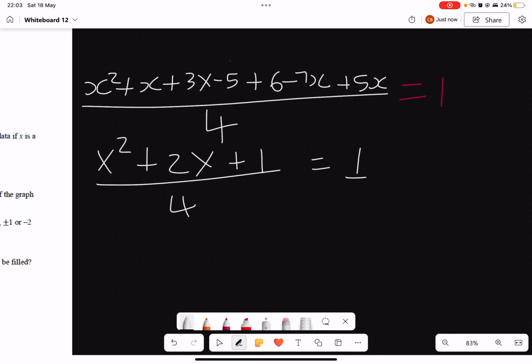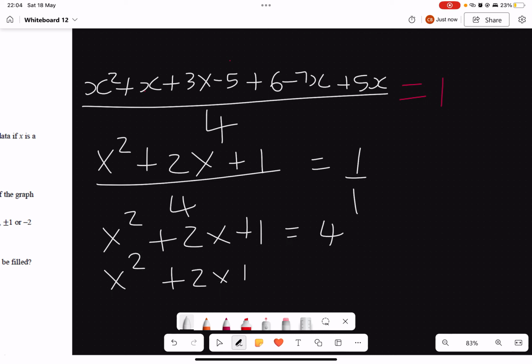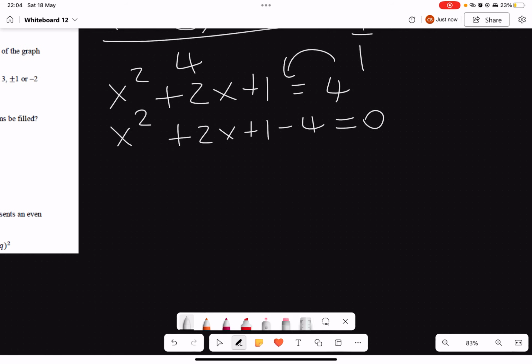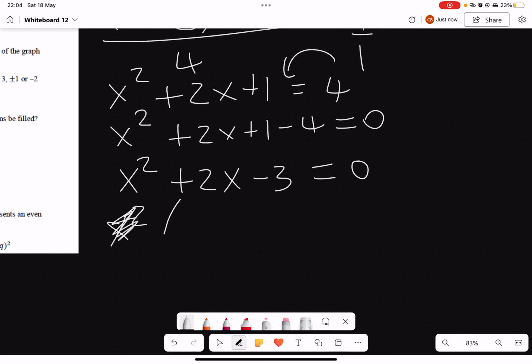Obviously, you need to multiply that by 4 so that the LCD is all over 4. So you have x squared plus 2x plus 1 equals 4. You have x squared plus 2x plus 1 minus 4 equals 0. The 4 moves to this side. And then you have x squared plus 2x minus 3 equals 0. Now we need to factorize here.